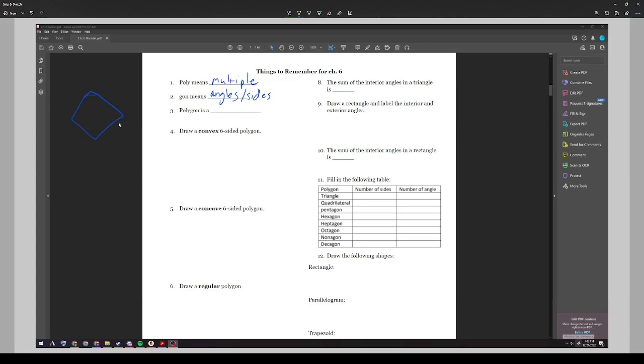The angles are kind of like a byproduct of drawing those sides. So we draw lines or line segments, and where they intersect, angles are formed. So yes, it is a figure with multiple angles, but I think about it more as when I draw it, I'm making multiple line segments in order to create it. So a polygon is a multi-sided shape.